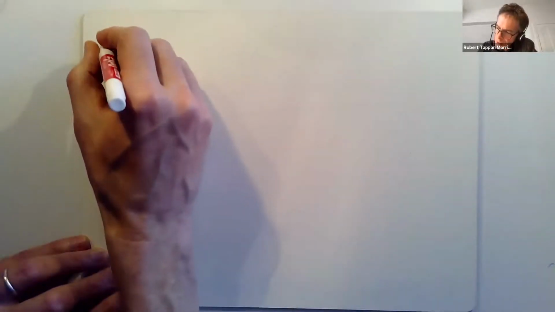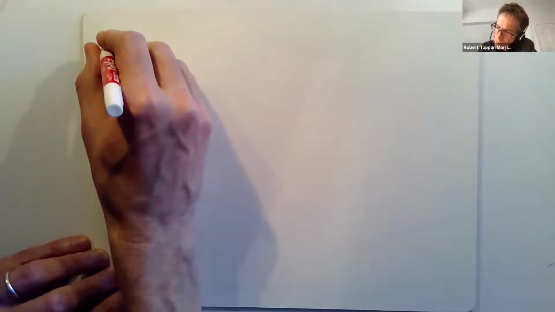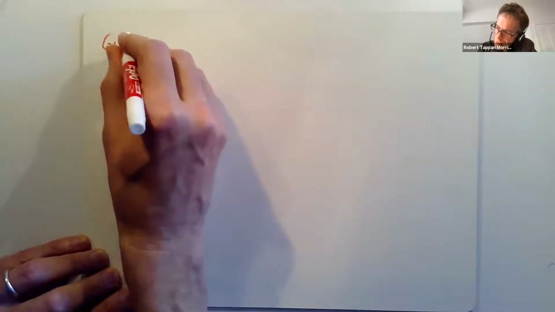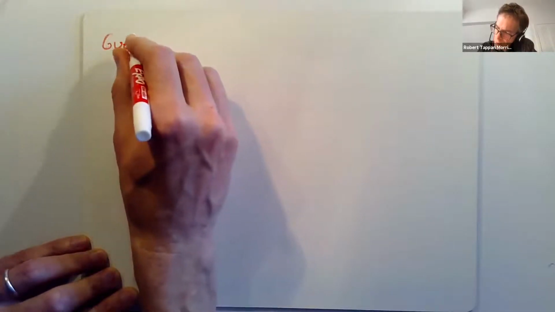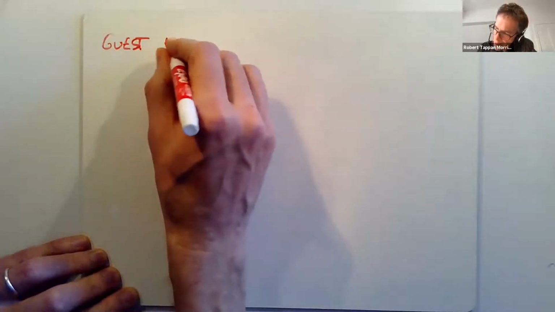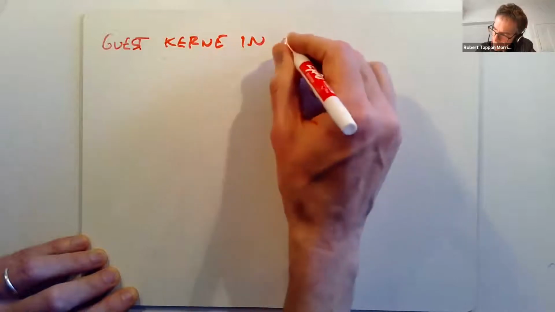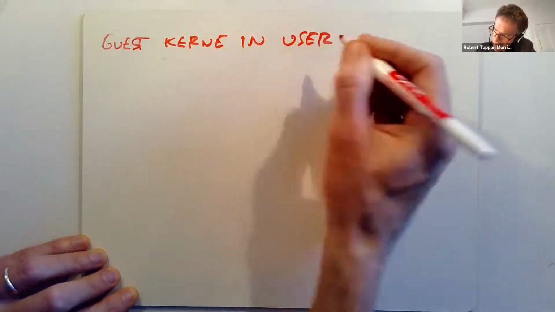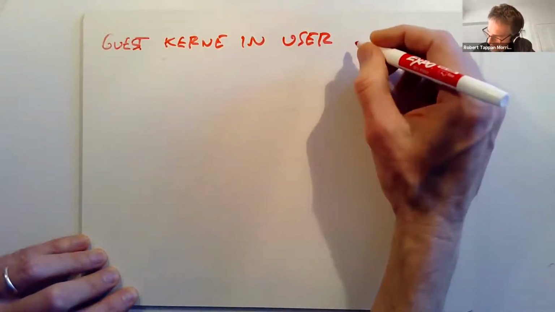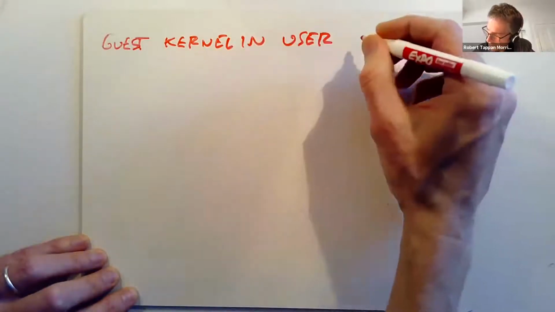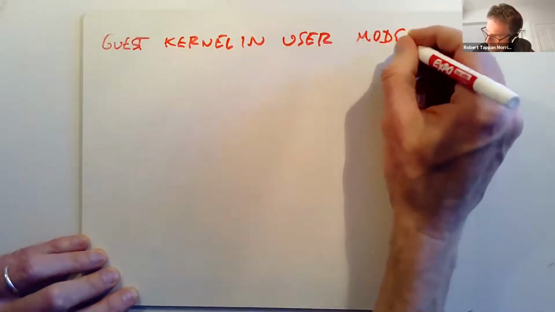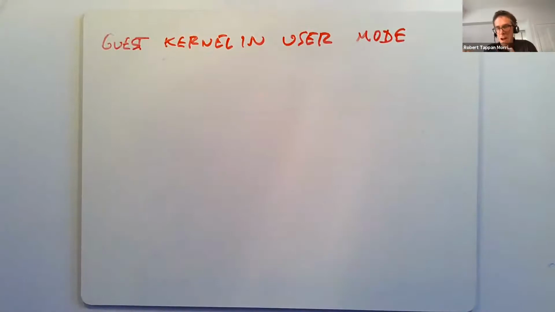The first step is to run the guest kernel in user mode. This is the fundamental strategy here. We're going to run the guest kernel in the RISC-V user mode.